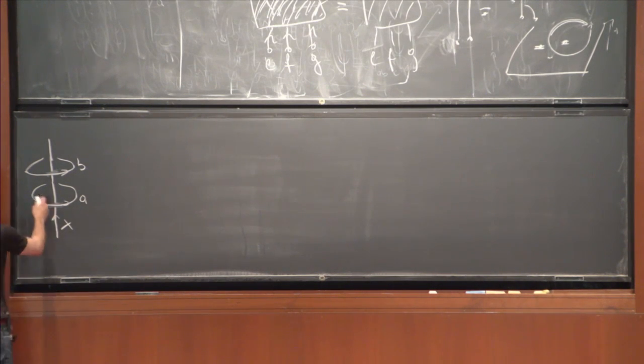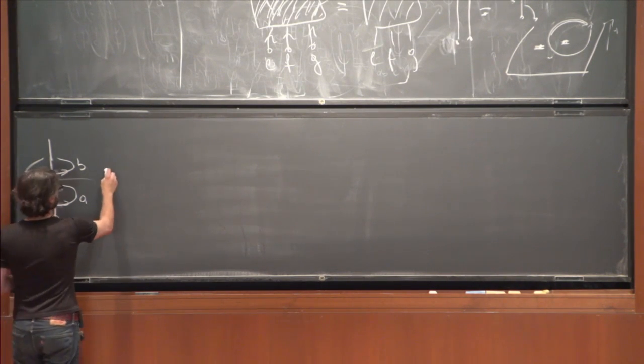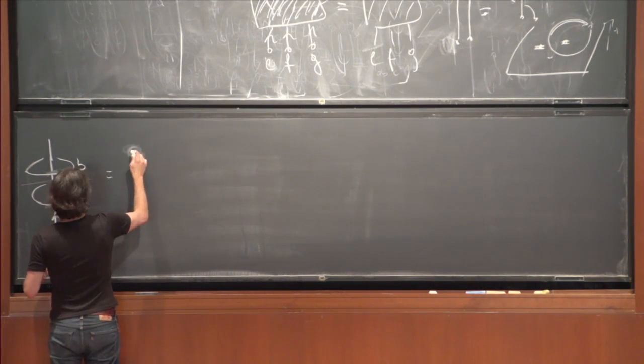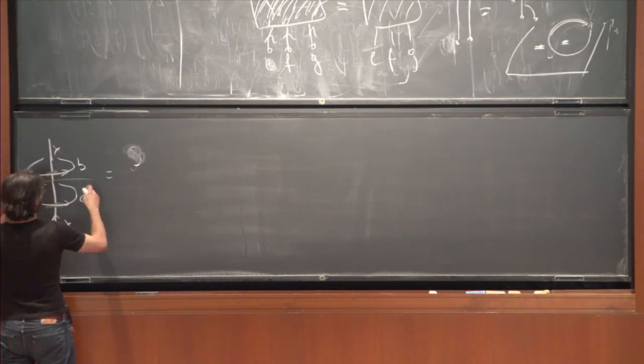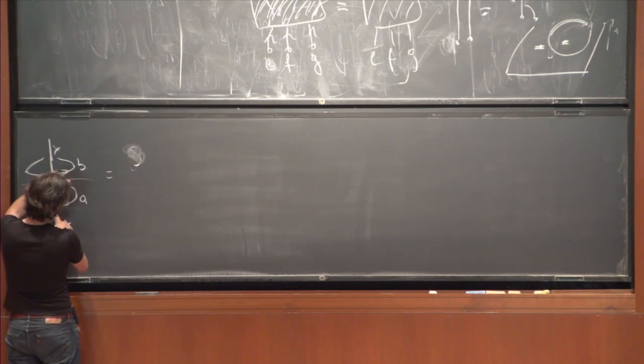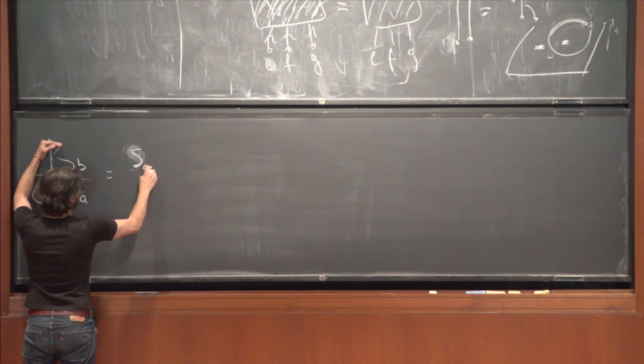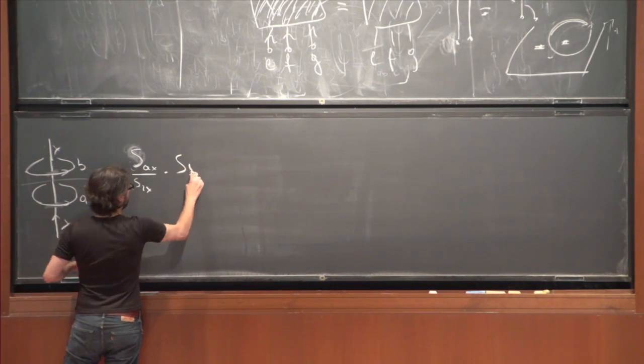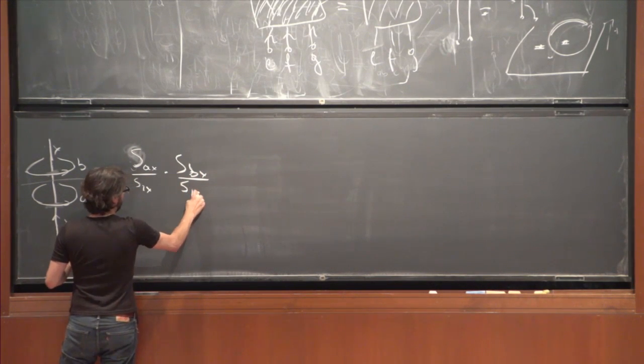Now, I can think of it as a separate process where I have S, this is X. So this is a product of this process times this process. So this is SAX over S1X times SBX over S1X.